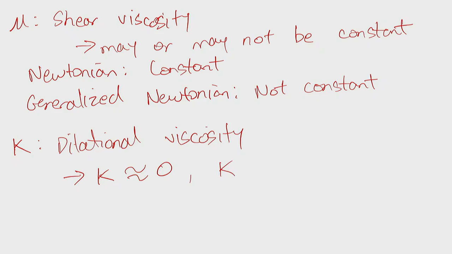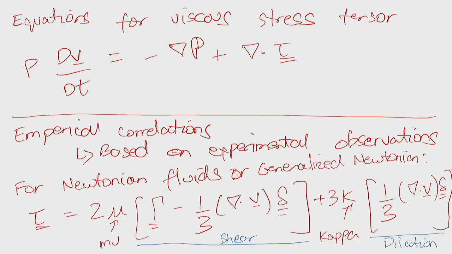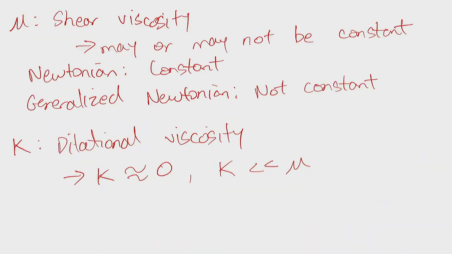People have determined that the dilational viscosity is significantly smaller in magnitude than the shear viscosity. So if kappa is vanishingly small, the dilational component that contributes to the stress tensor can be neglected, because the coefficient is essentially 0.